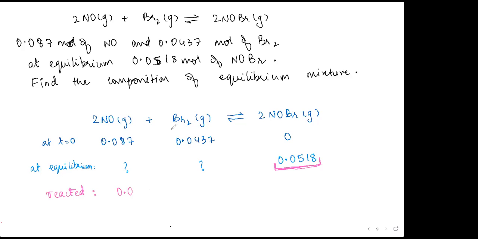If 2 moles are needed, then 2 moles of this have to be used. If you want 4 NOBr, 0.0435. But half of 0.087. No, forget about 0.087. Right now, you know that this much NOBr has been formed. That means how much NO has been used up in order to form this much?